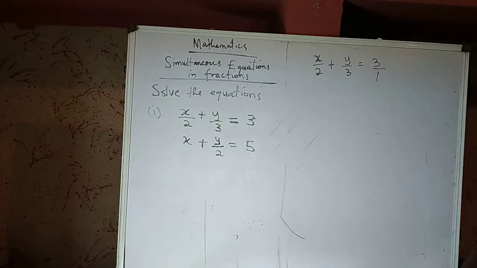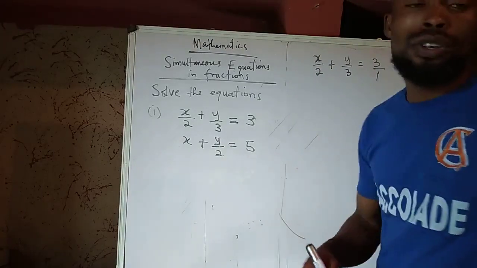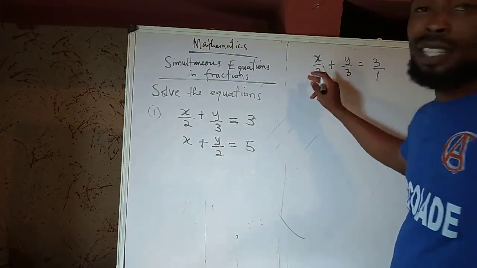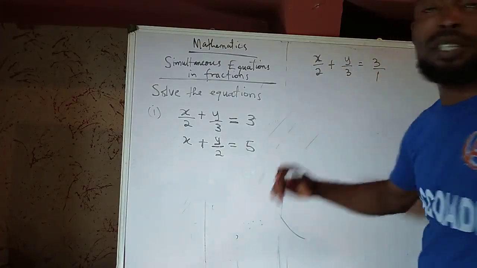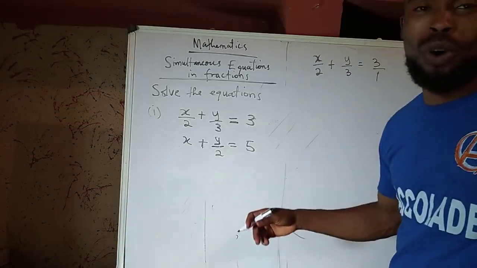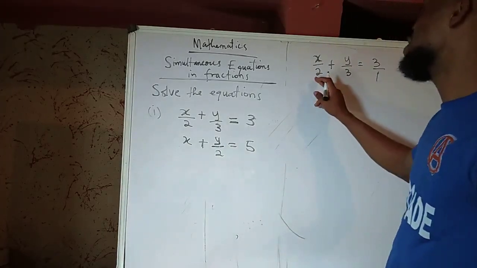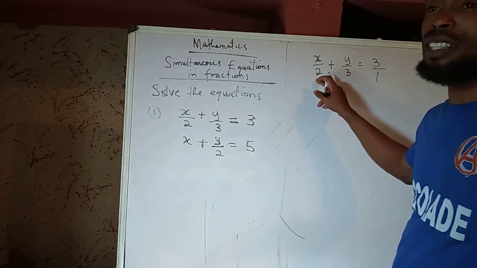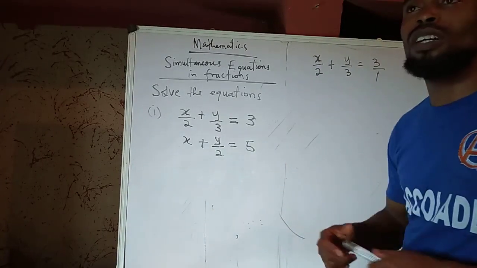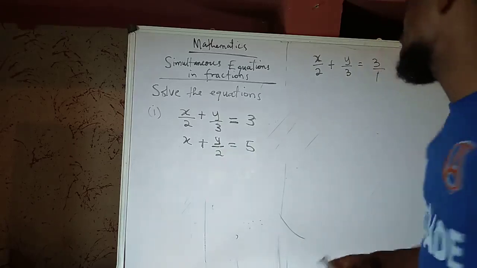If you have not seen the video on how to find LCM, you should do that. Or let's say 2 and 3, because 1 is not so much of a number to worry about, except when you are adding or subtracting. In multiplication and division, 1 is not a number to worry about, that's by the way.